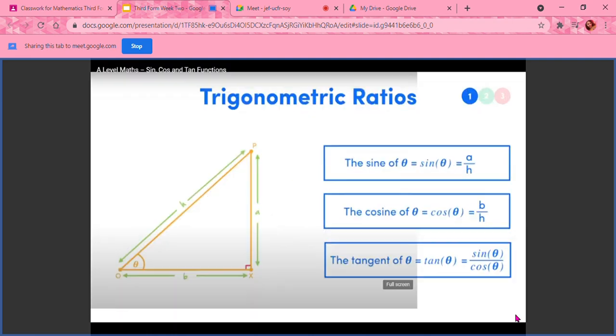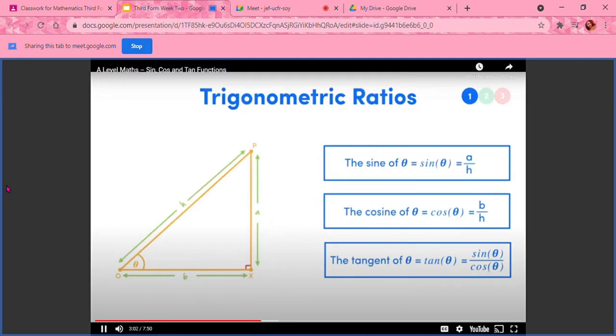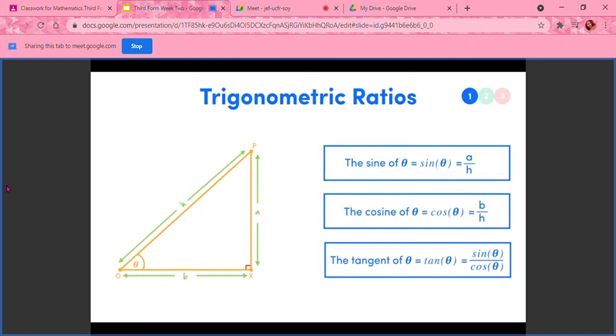In a right-angled triangle, if this angle is theta, then the longest side, which is the one opposite the right angle, is called the hypotenuse. This side is called the adjacent side because it's right next to our angle theta. And this side, the one opposite theta, is called, surprise, surprise, the opposite side.